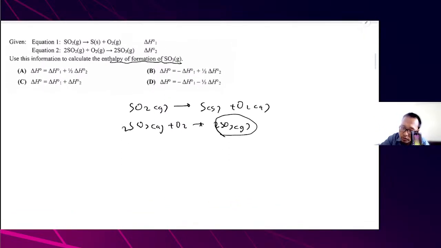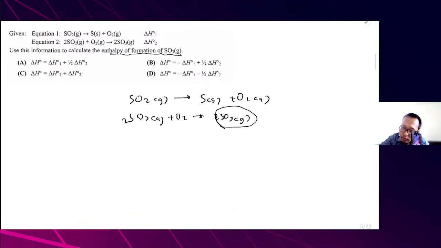This is what we want to get. However, guys, it's two, and what we want to see is just one. This one is delta H1, and this one is delta H2.